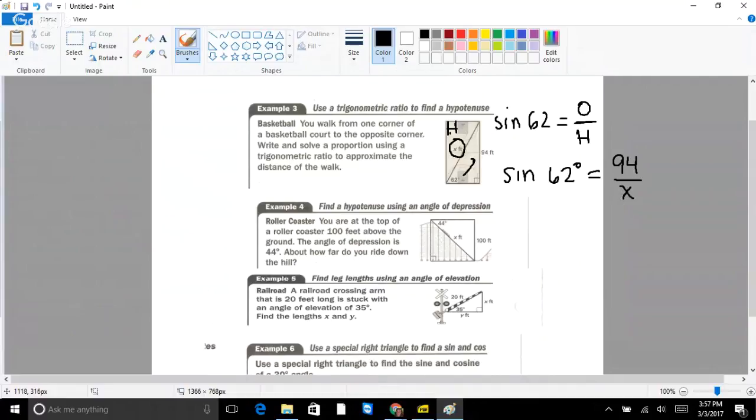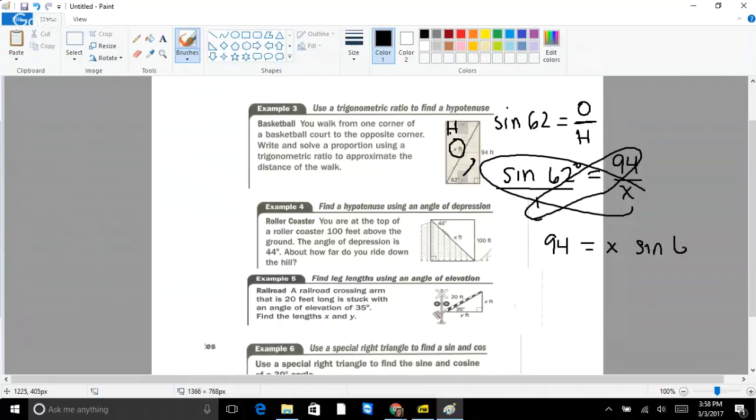Okay, so now we can actually solve this. If you put this over 1, this is a proportion that we've been doing a lot of. So I can say that 94 times 1 equals x times the sine of 62 degrees.